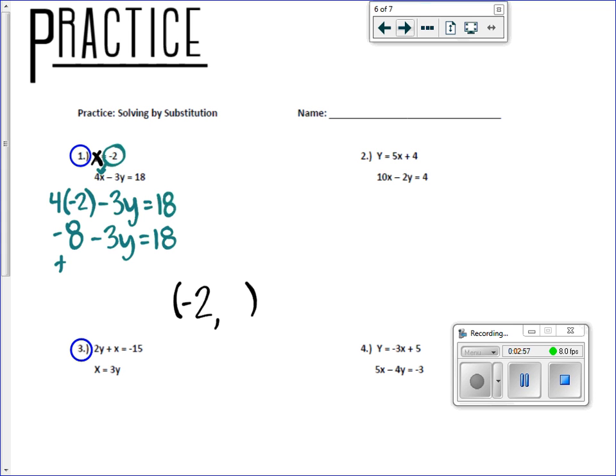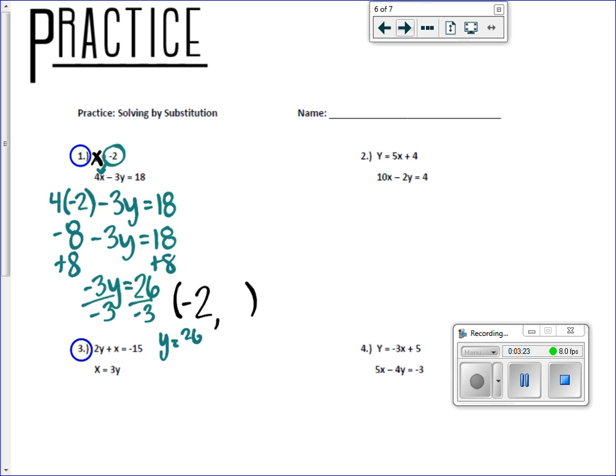Solving like normal, add 8 on each side. So negative 3y equals 26. And then dividing by negative 3 on each side. And we can't divide 26 by negative 3 evenly, so that is our answer for our y value.